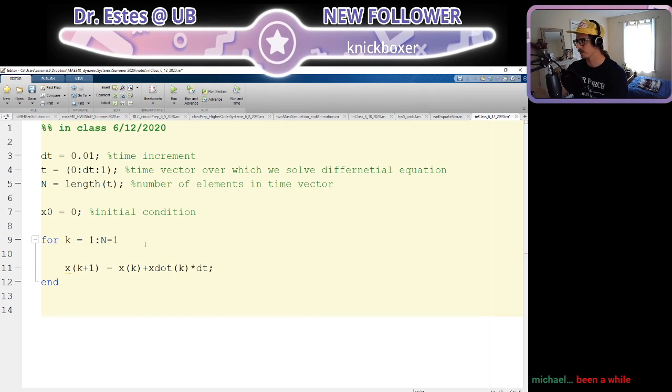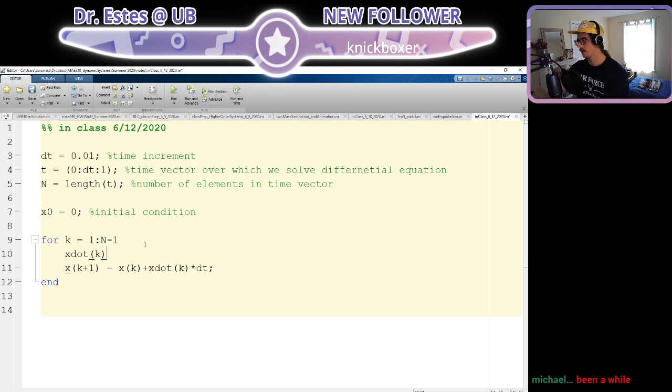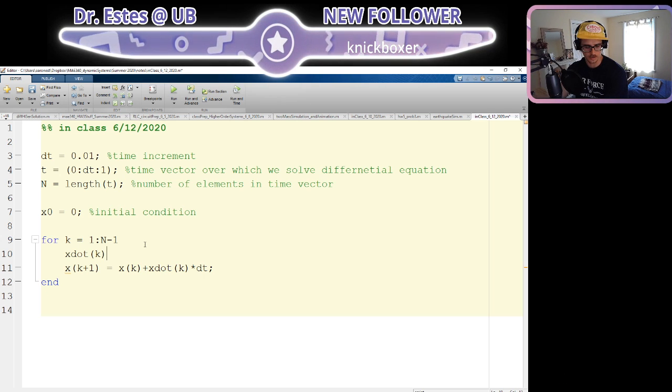Okay, we're going to need this too. From our differential equation, x dot at any time is minus 3 times x at that time plus u at that time.